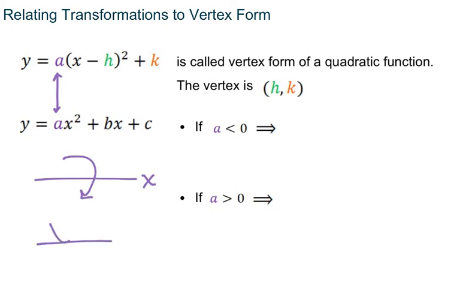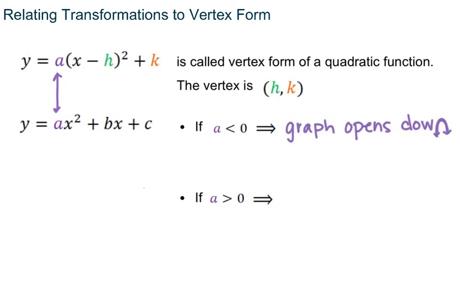Now, if you think about having a parabola that opens up and you reflect that down across the x-axis, it would be symmetric, which my drawing isn't perfect here, but it would be opening down. So what that lets us know is that if the A value is negative, then the graph will open down.